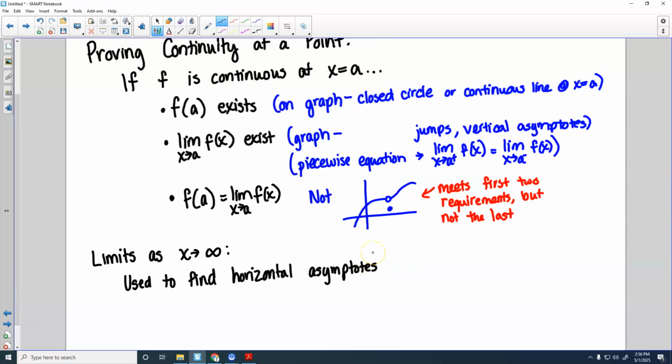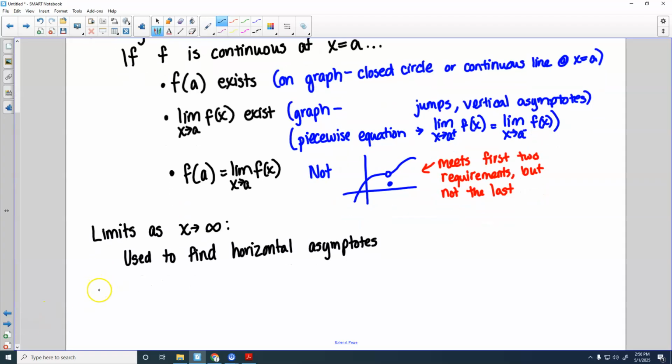So you might have a question that doesn't ask you to do a limit, but asks you to find the horizontal asymptote. And to find the horizontal asymptote, you need to do the limit as x approaches infinity. And you need to use that notation, like if it's on a free response question, if it says find the horizontal asymptote, write limit as x approaches infinity of the function equals this to show your work for doing that.